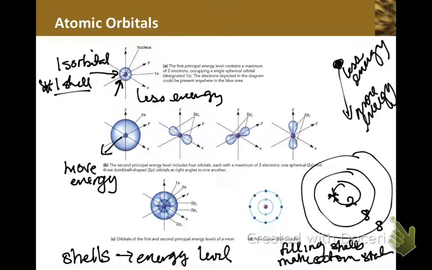So you can have only 1 electron in there, but it's not going to be stable until you have 2. Now the next shell that comes is this guy right here. So this is the second orbital, right? Because this was the first up here. And it's the second shell.